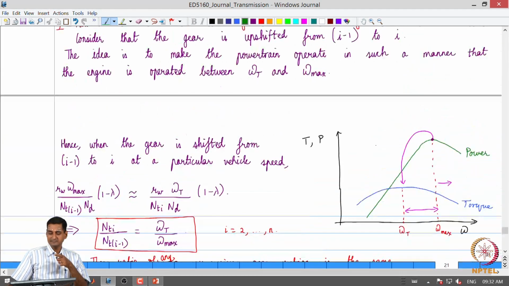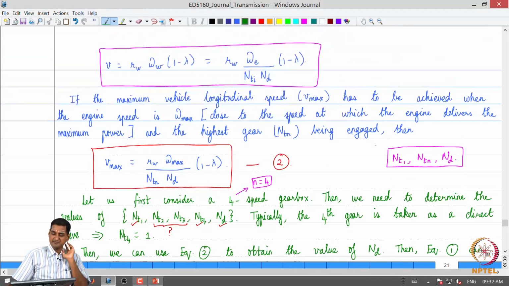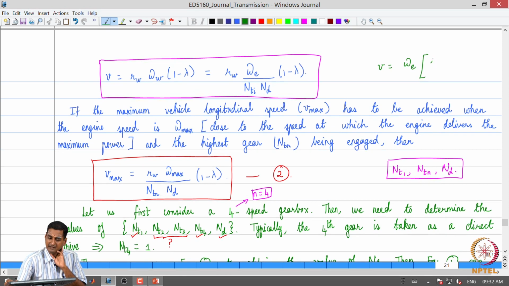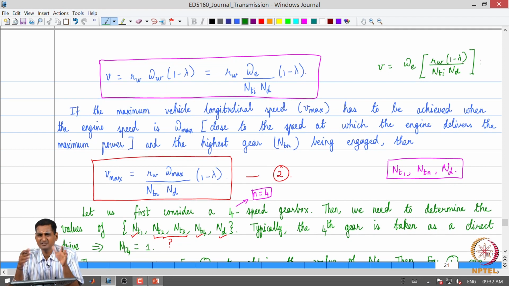Please note that in this expression we can immediately observe that this expression can be rewritten as V equals omega E multiplied by RW1 minus lambda NTI ND. So, if I am on a particular gear ratio and I assume the slip ratio to be almost the same, we can see that there is a linear relationship between V and omega E.